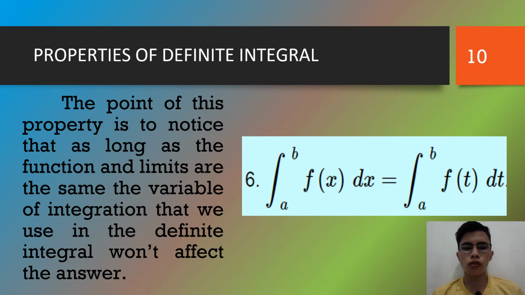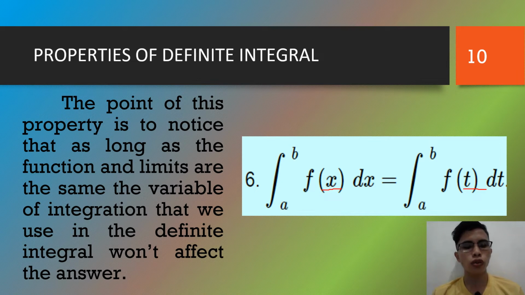So, ito, wala namang binago dito, only the variable which is x. So, same lang naman siya if we're going to use t. Interchange lang natin yung letter. Okay, so same yung process, same yung result. Only the letter changes.